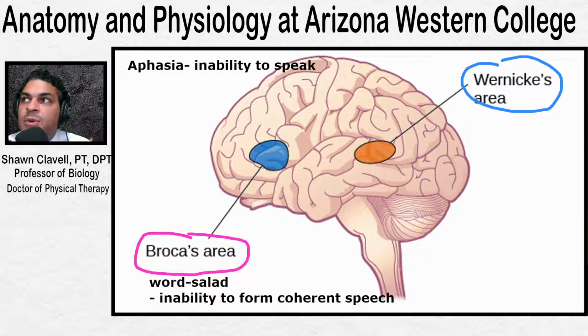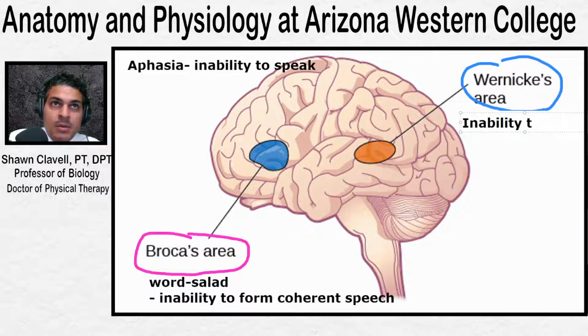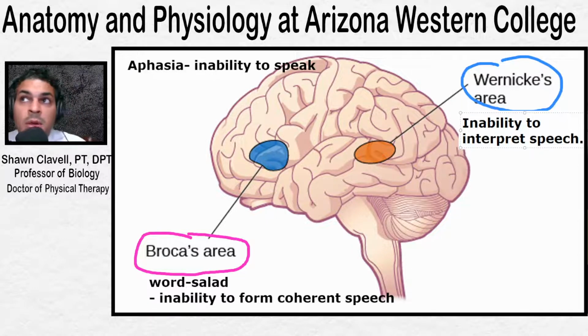You can also have what's known as Wernicke's aphasia. Wernicke's aphasia is something separate here. This is the inability to interpret speech. So you can communicate via speech without too much issue.